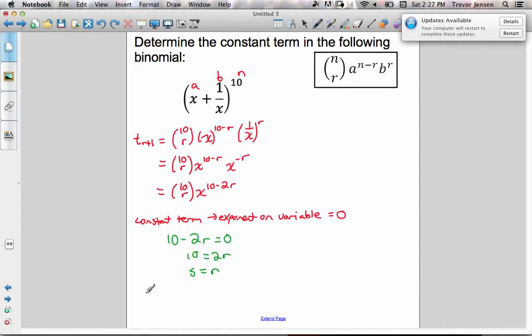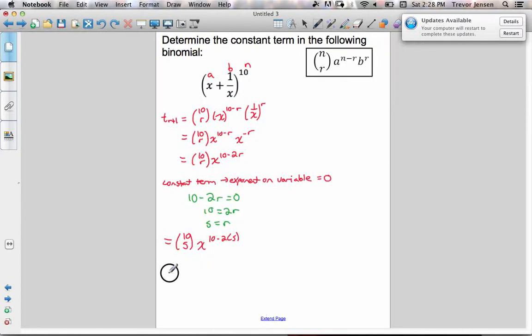So let's do that. So I have 10 choose 5, x to the 10 minus 2 times 5. So I have 10 choose 5, x to the 10 minus 10, which is 0.